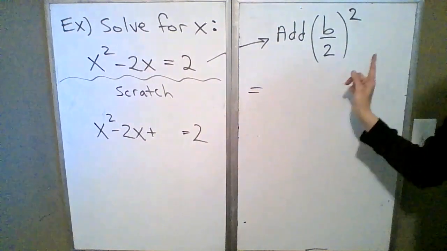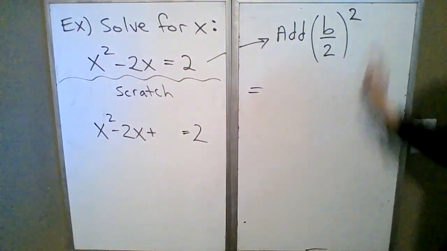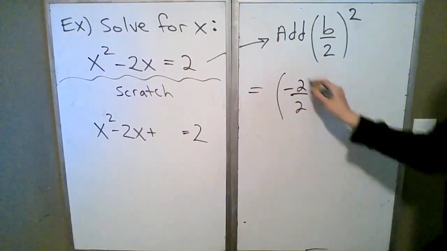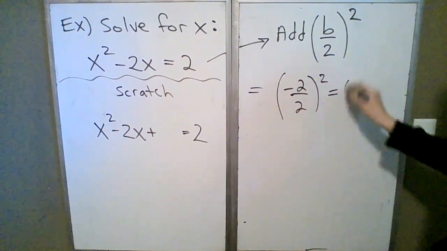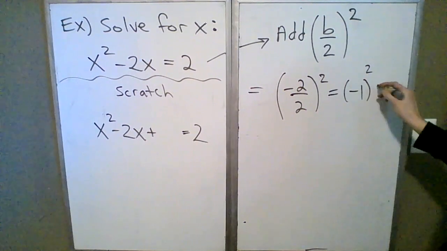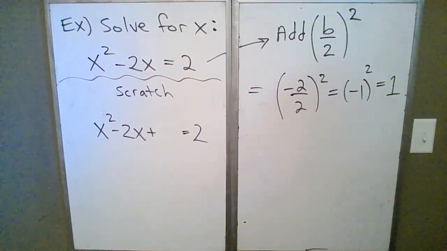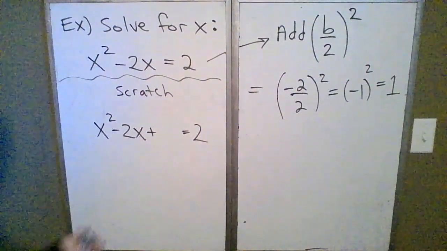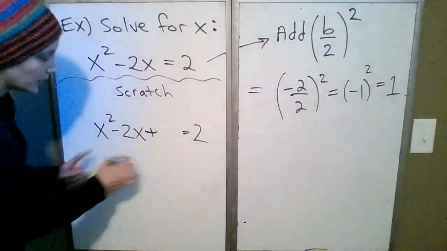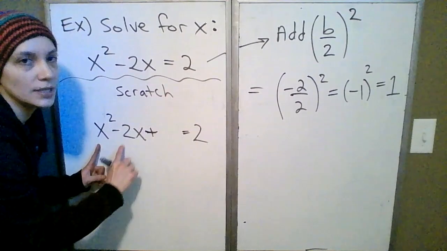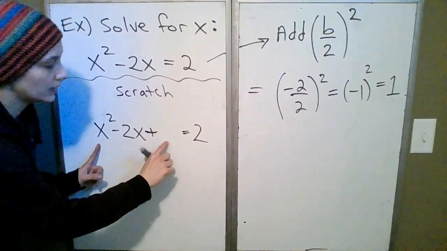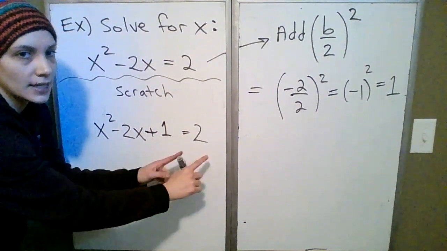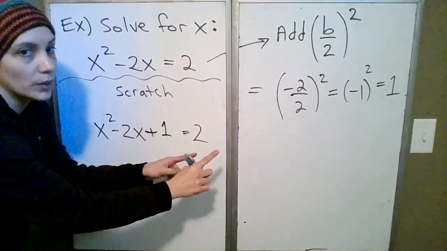So -2 divided by 2 and squared, and -1 squared is 1. So to complete the square using these two terms, I need a 1 added at the end. And since this side is equal to that side, and I've added 1 over here, I need to add 1 over there.